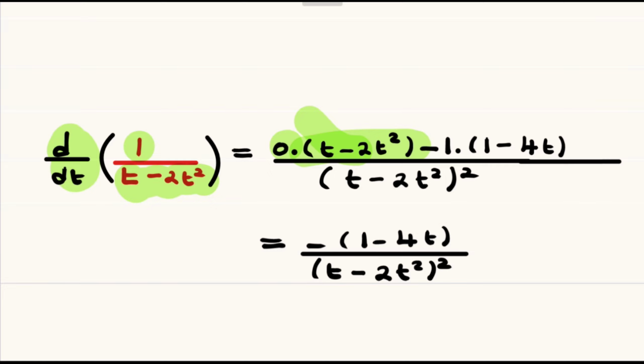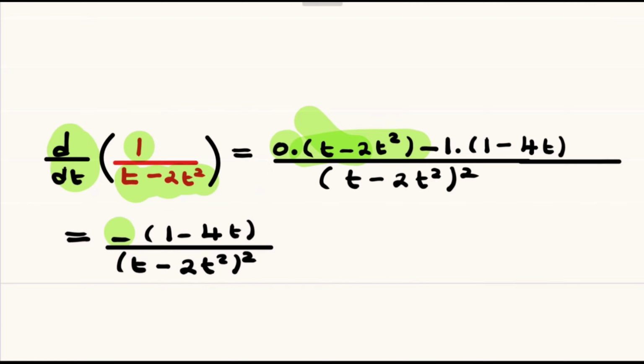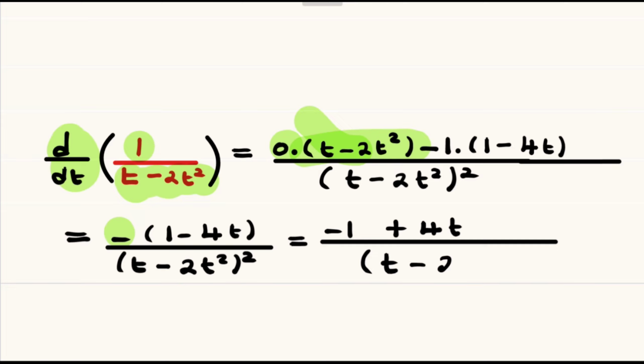We distribute that negative. So negative multiplied by 1 will be equal to negative 1, and negative multiplied by negative 4t will be positive 4t, and we are still dividing by t minus 2t squared, all squared. So we can copy and paste this.